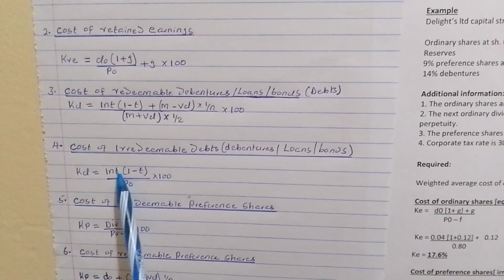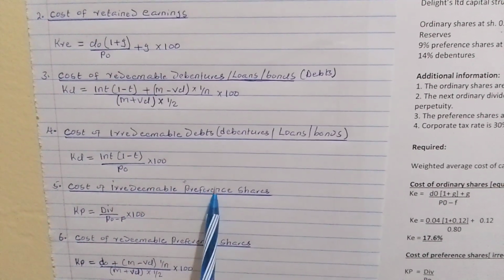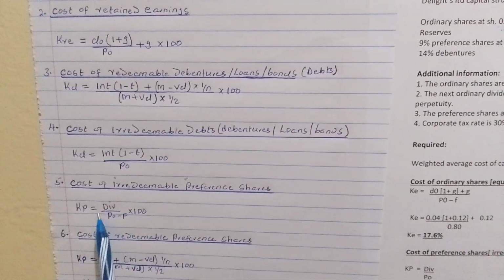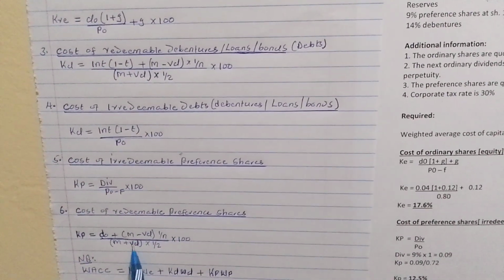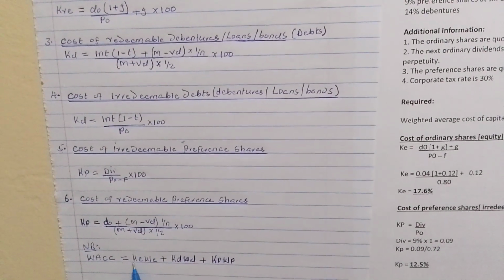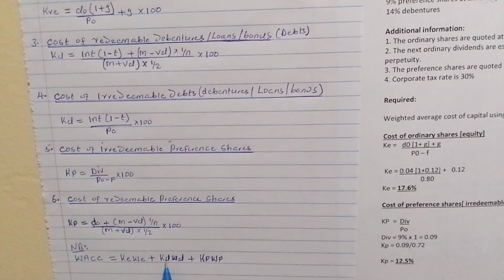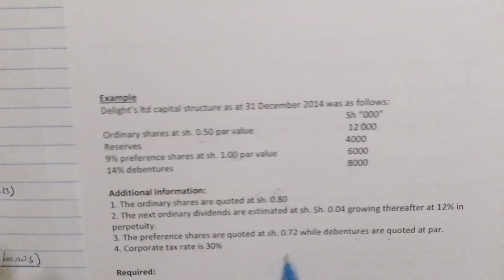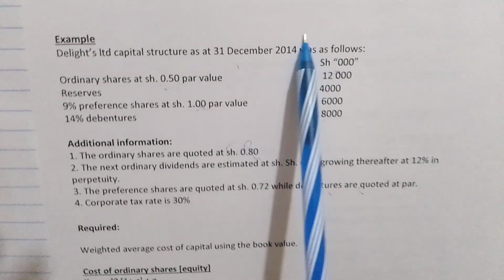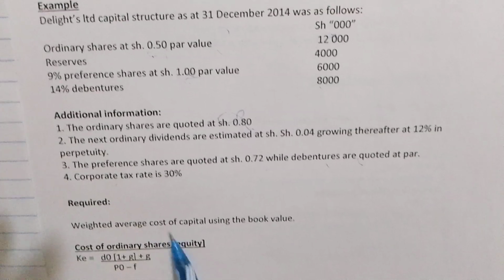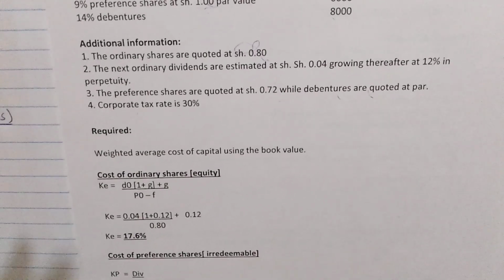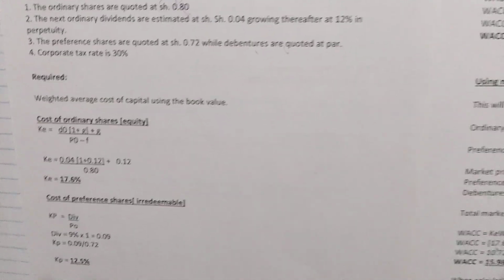This is for irredeemable. Then preference shares can be redeemable or irredeemable. Then the formula for WMCC is here. Make sure you calculate your KE correctly, KD correctly, and KP correctly. So after discussing that, we did this question together, and I think you have gotten those concepts.